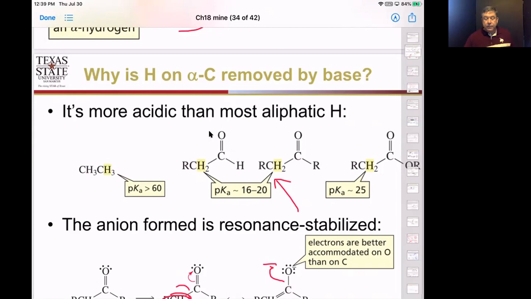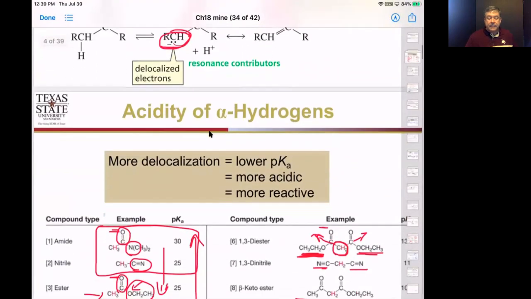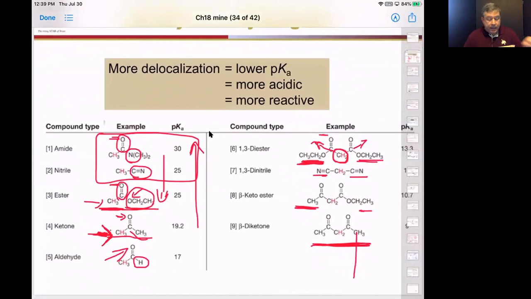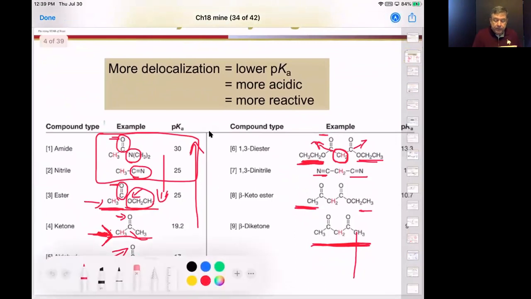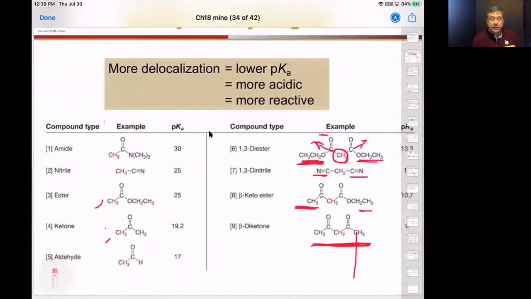So the first thing I want to make sure you know, that is the most important thing, is this acidity scale of alpha hydrogens, okay? And this acidity scale should be logical in that the more electron withdrawing you have, for example, the most electronegative carbonyl compound makes the thing more acidic.